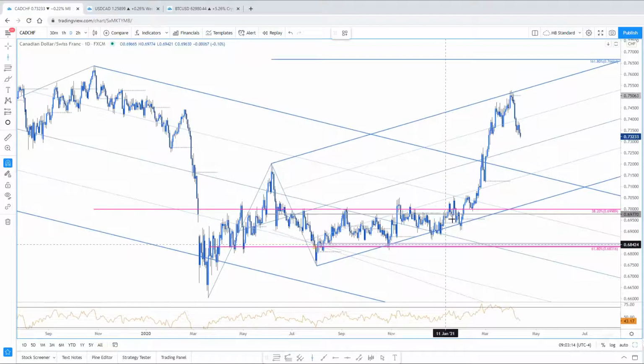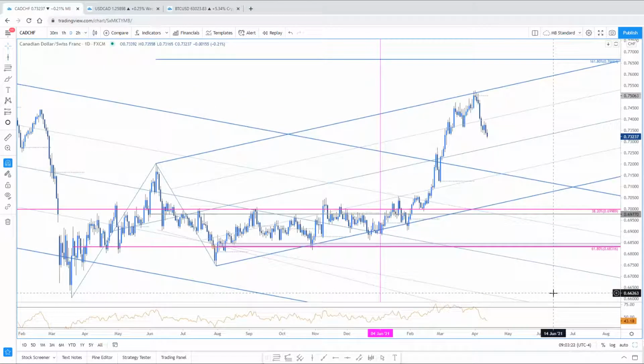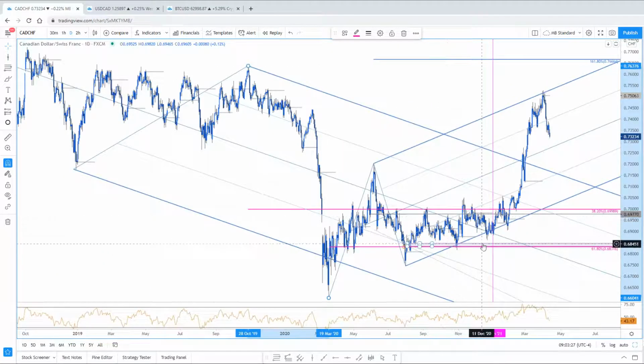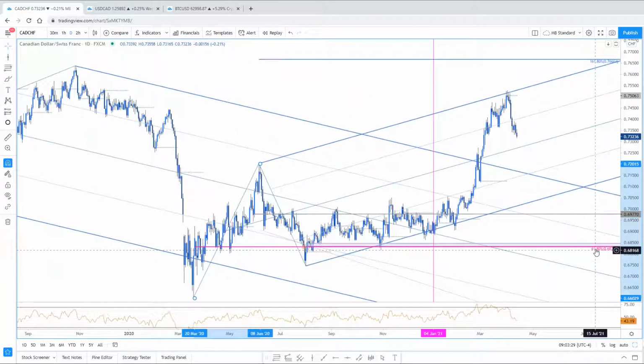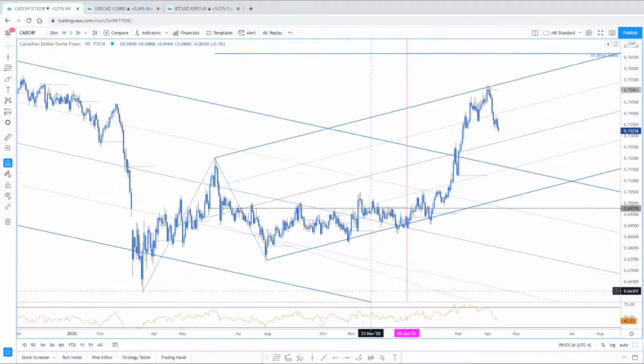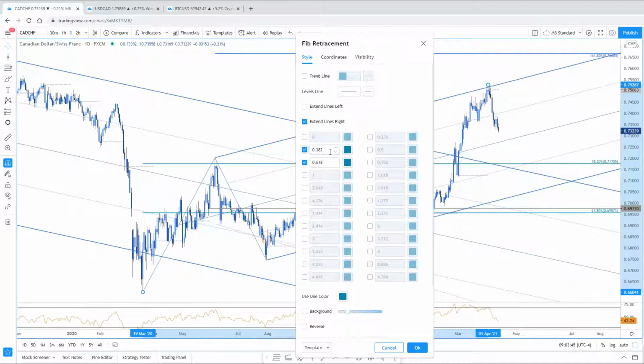Okay, give me a couple more seconds here. So I want to take a retracement off of the actual swing low from last year, but I'm also a big advocate of retracements of the operative range.